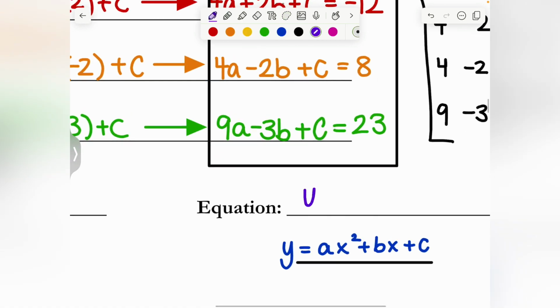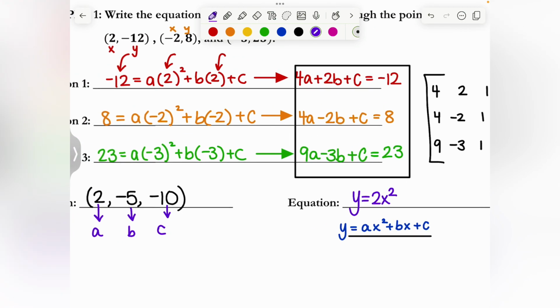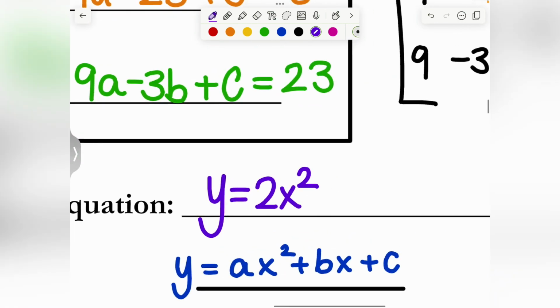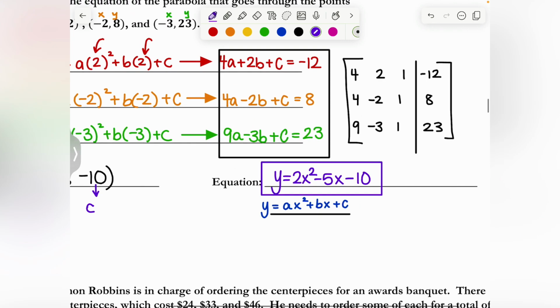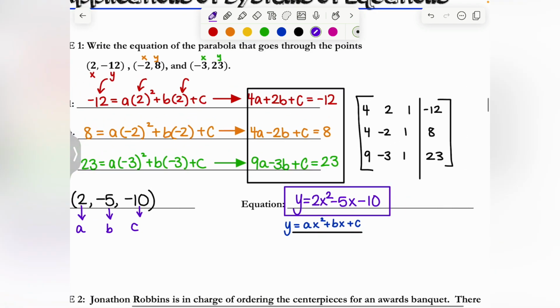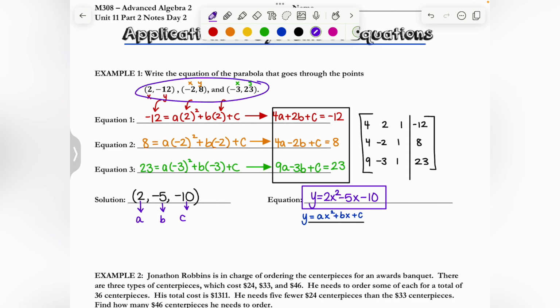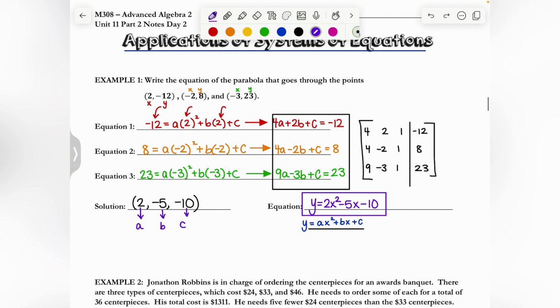The answer is y equals 2x squared minus 5x, because B is -5, minus 10, because C was -10. This is the answer to the actual question. If I type this parabola into Desmos, for example, I would find that these 3 points are actually on that parabola. So that was example 1.